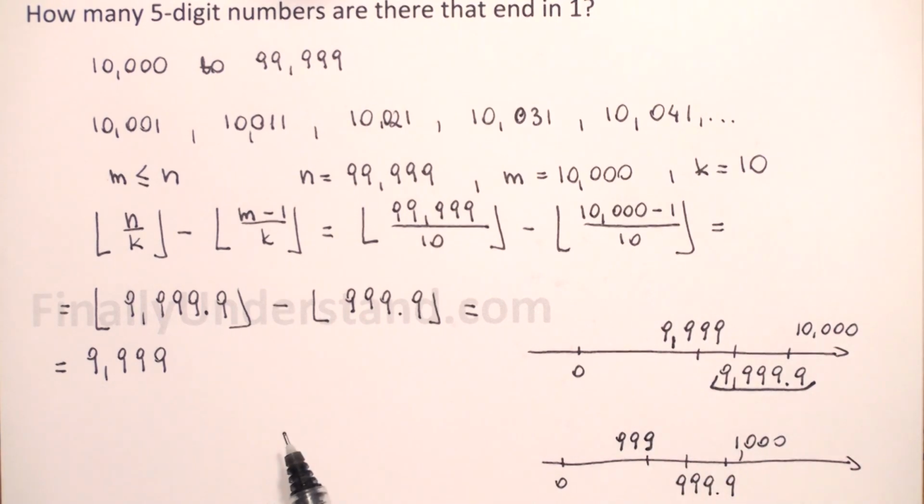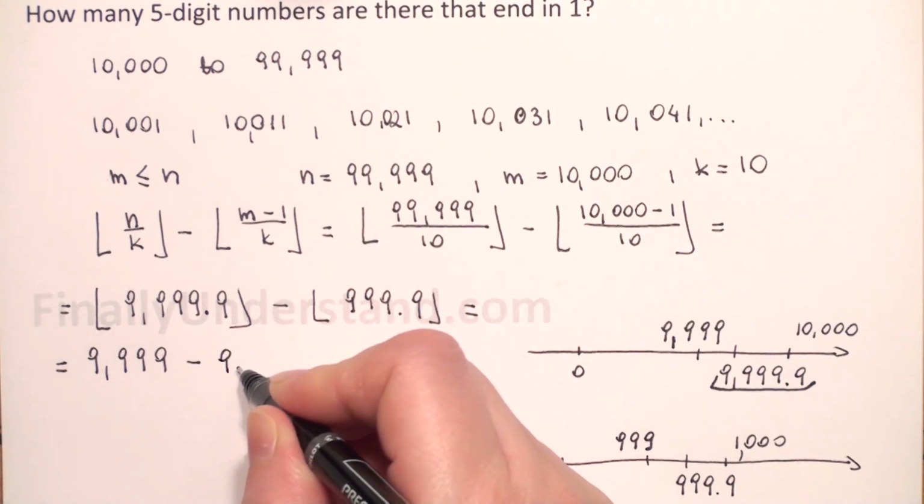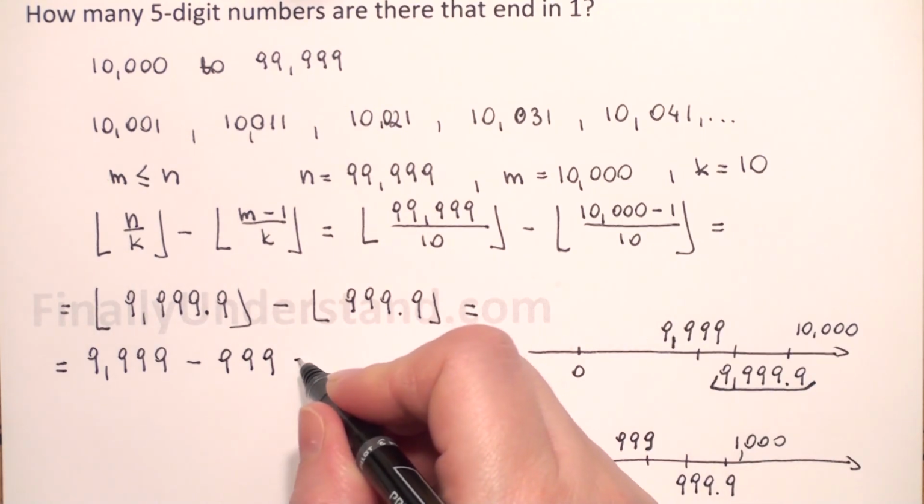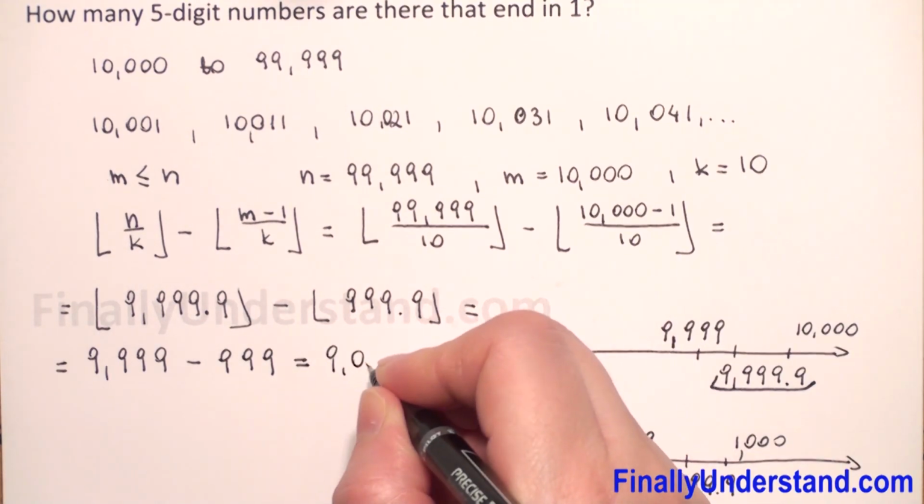When we have to find the floor of a number, it means we have to find the largest integer. What does integer mean? These are whole numbers including 0 and negative values. So the whole number will be 999, because this is the largest integer which is less than 999.9. So we have minus 999. So this is equal to 9,000.